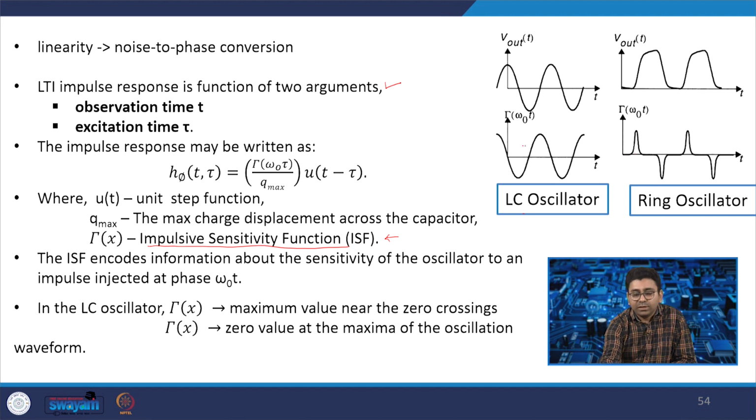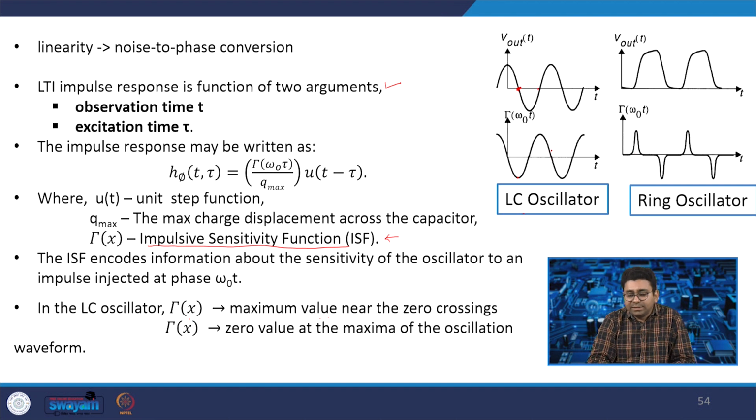Now, here what is happening is that this impulse sensitivity function has a maximum value, for an LC oscillator, near the zero crossing. So, at zero crossing it has a maximum value, you can see at this it has a maximum value, and 0 value at the maxima of oscillation.